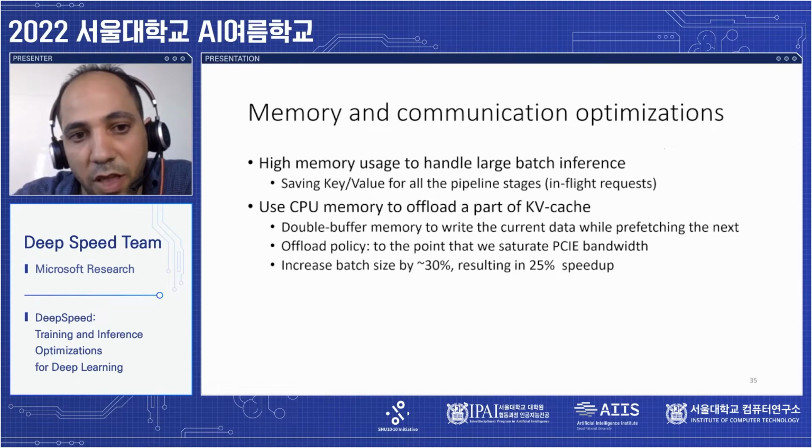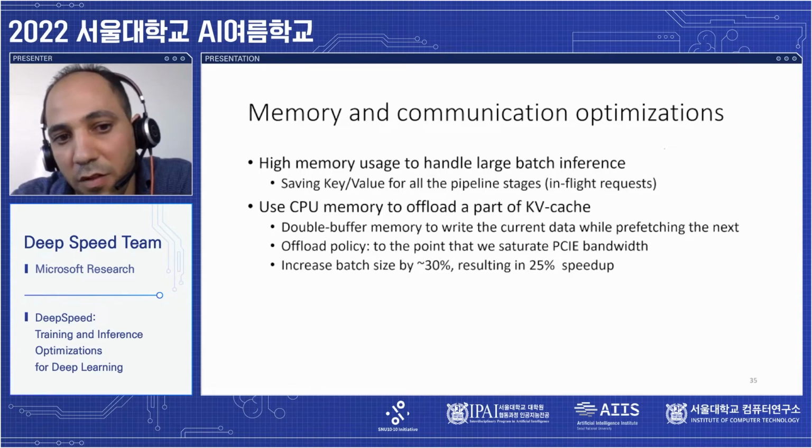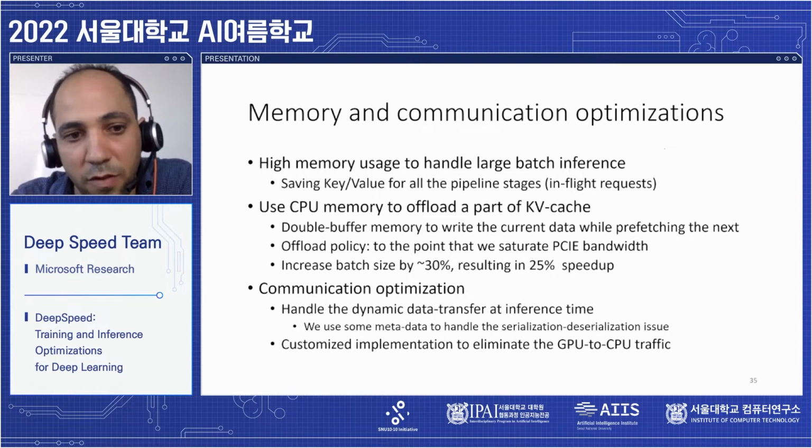For this, we have a double buffer memory where we write the current data while prefetching the next. And we also have an offload policy where we offload up to the part that can saturate the PCIe bandwidth. By this, we can increase the batch size by about 30%, resulting in a 25% speedup.